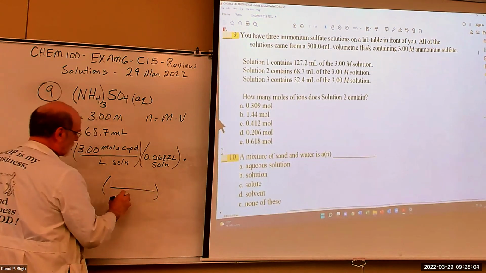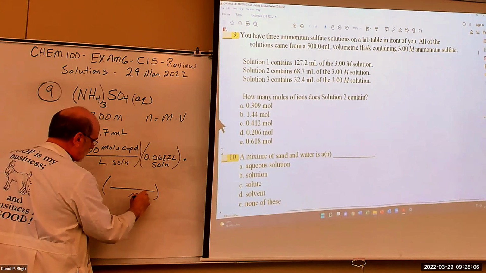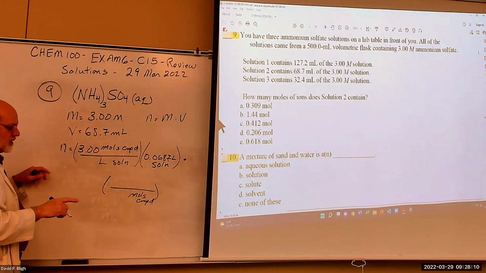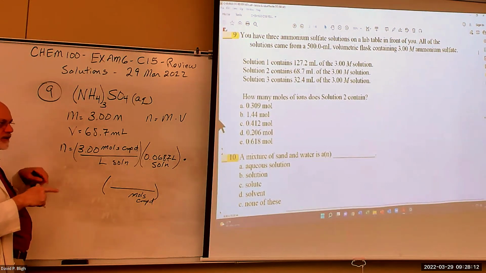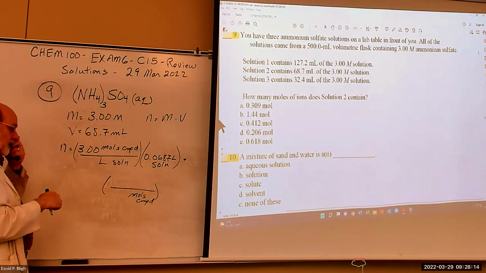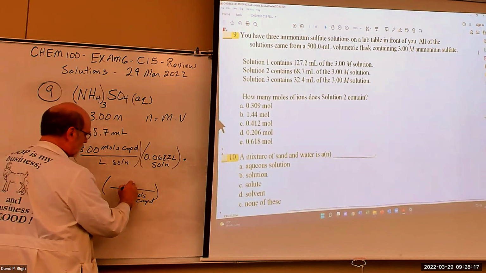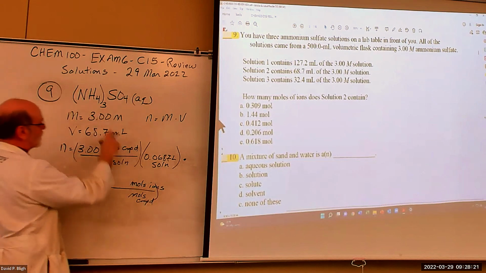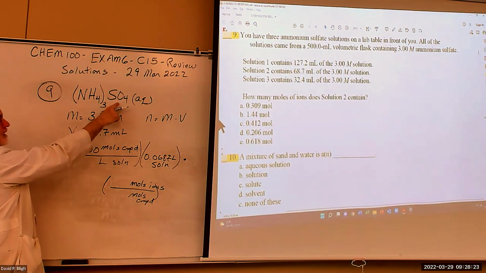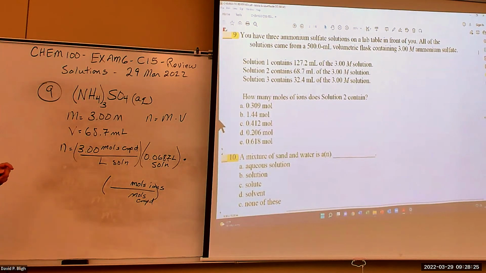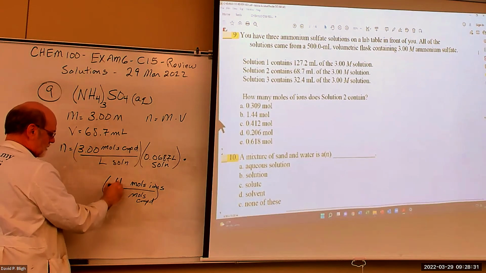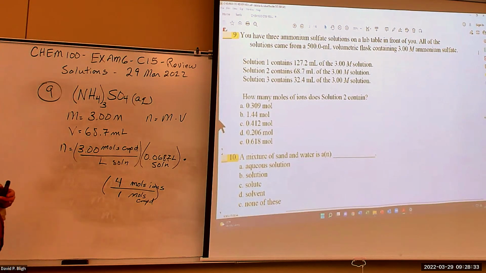So if we find moles of compound, how many moles of ions per mole of compound? That's your conversion factor. Well, we have 1 here. We have 3 there. So there are 4 ions for every formula unit. The ratio is 4 to 1.